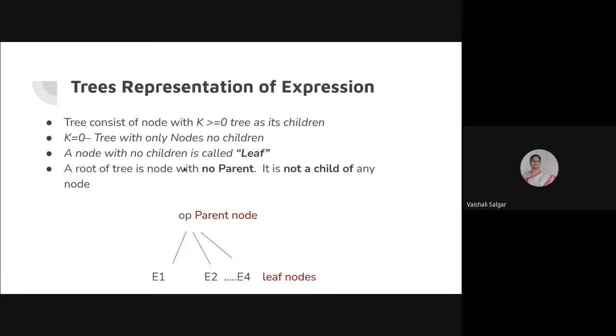A node with no children is called a leaf node, whereas a node which has children can be referred to as a non-terminal, or not a leaf node, or an intermediate node. The root of a tree is a node with no parent. So this is the tree representation of your equation.